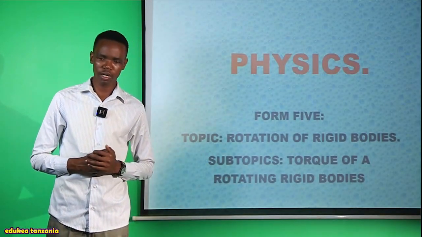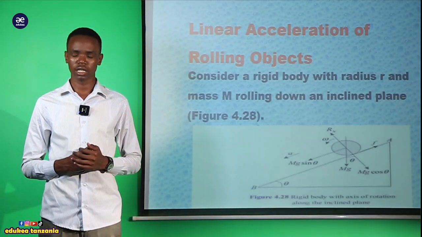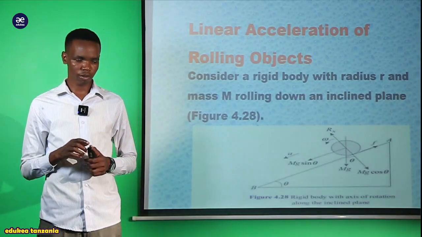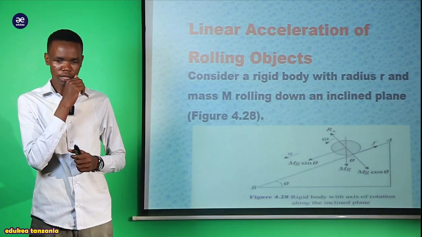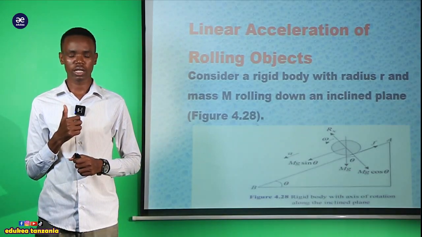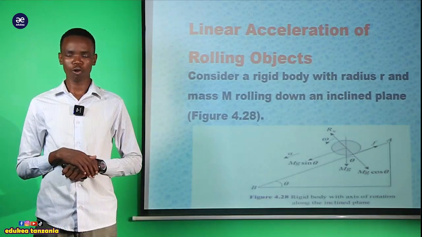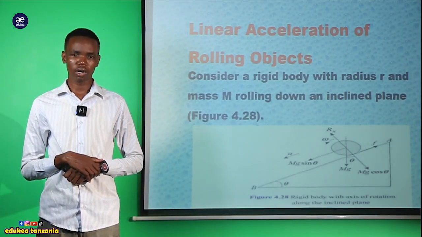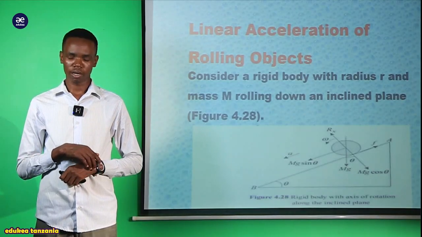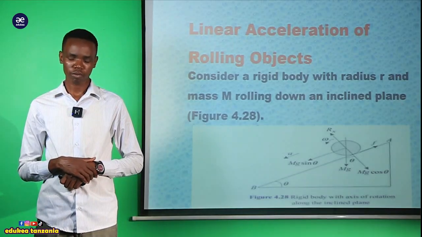For today's discussion, we are going to look at the linear acceleration of a rolling object. Imagine we have the object, and we have the rigid body. And that rigid body, my dear student, is located on an inclined plane at the top of the inclined plane, and it is rolling toward the bottom of that inclined plane from a certain height.